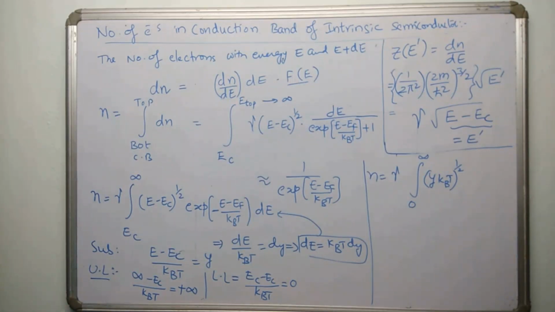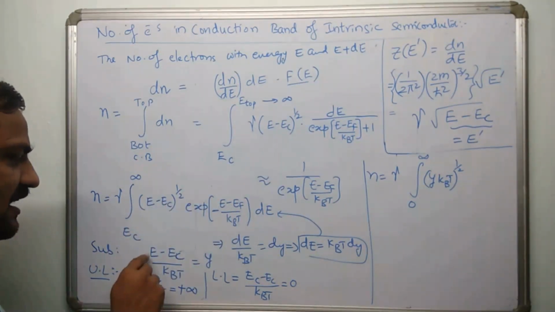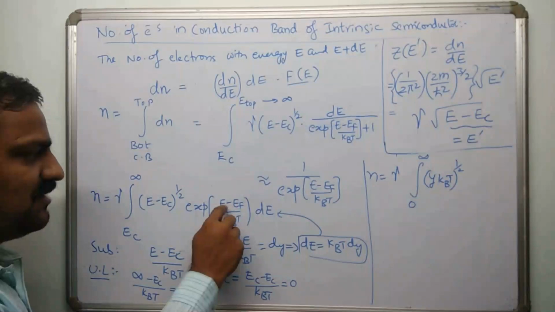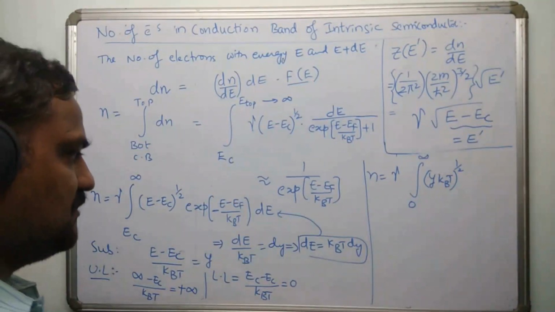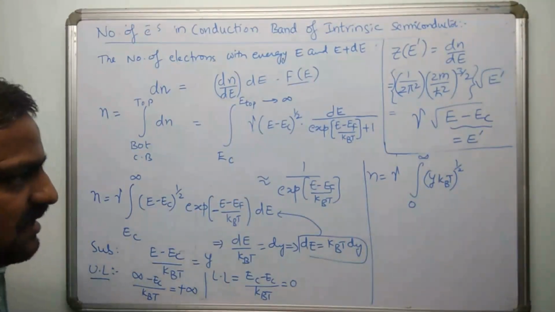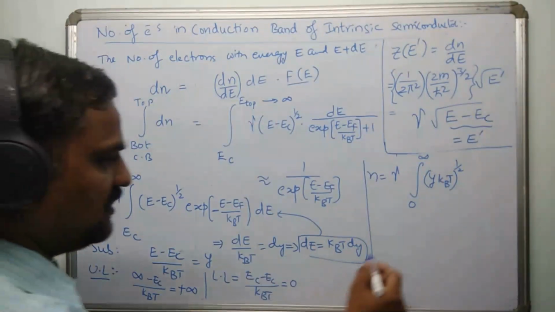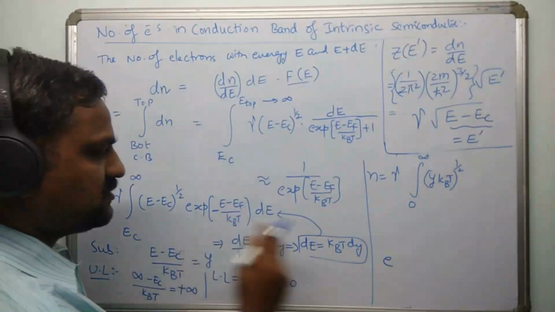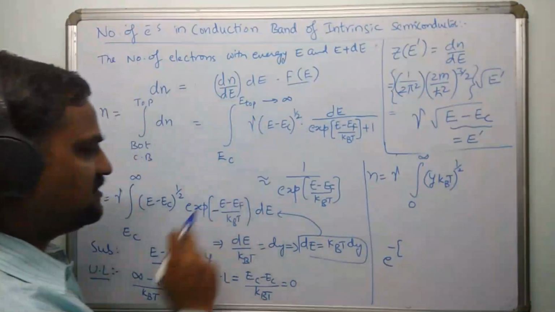I want to write this term to look like E minus EC by kBT. See, this is E minus EF by kBT. I want to make some manipulation. So first I'll write the manipulation, later I'll substitute it back there. So e power minus of E minus EF by kBT is there.